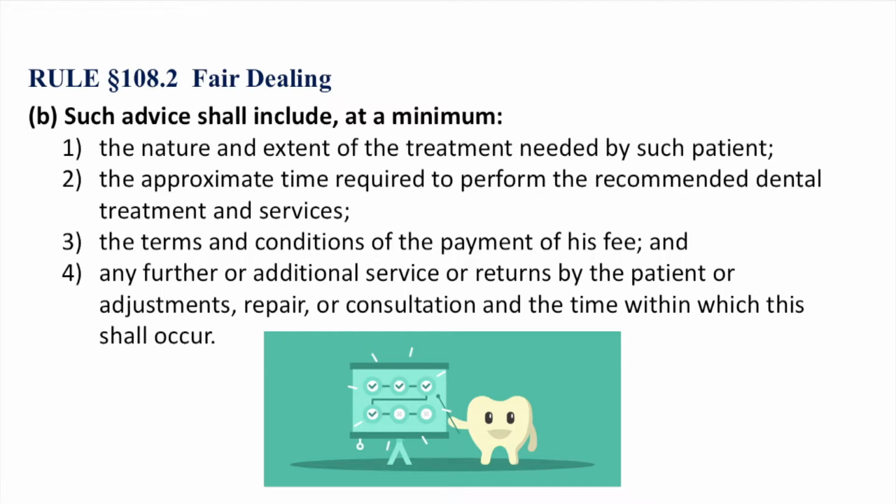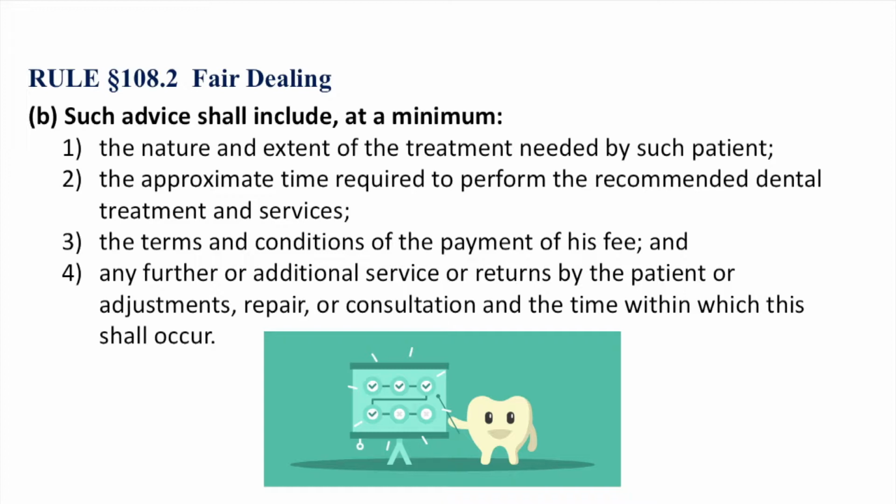Subpart B. At a minimum, such advice shall include. So this Subpart B is referring back to Subpart A, advising a patient of the treatment plan and any reasonable alternatives in a manner that allows them to become involved in treatment decisions.